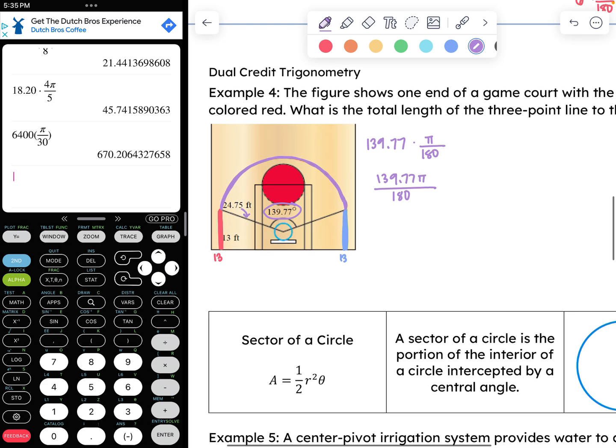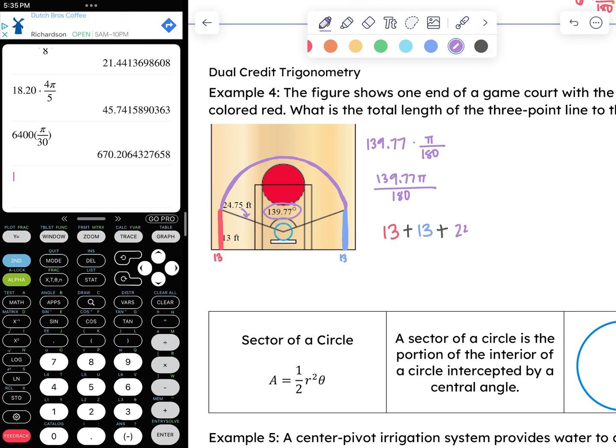So to find the full length of that three-point line that goes all the way around, I've got 13, the first segment on the left, plus 13, the other segment on the right, plus my arc length. My arc length is my radius, so the 24.75, times my angle, which would be that 139.77 pi over 180.